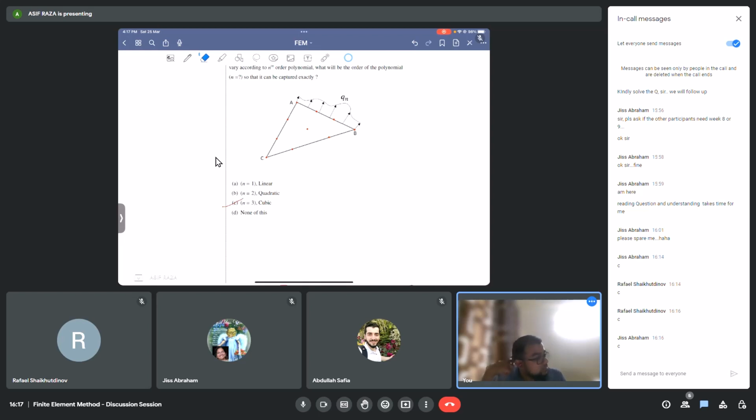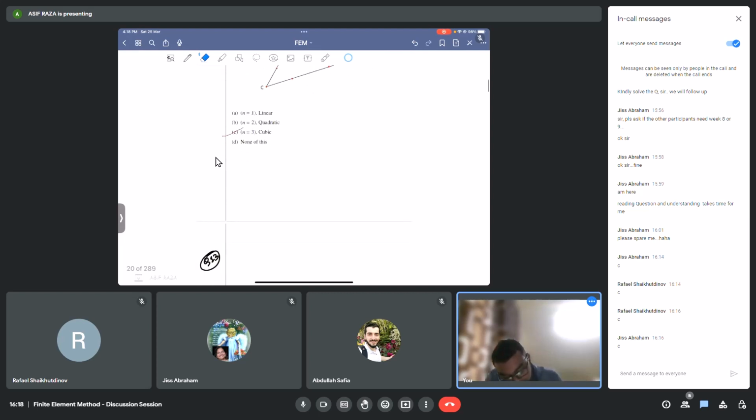For a polynomial to capture, suppose we want a displacement value, so a1 plus a2x plus a3x squared plus a4x cubed.